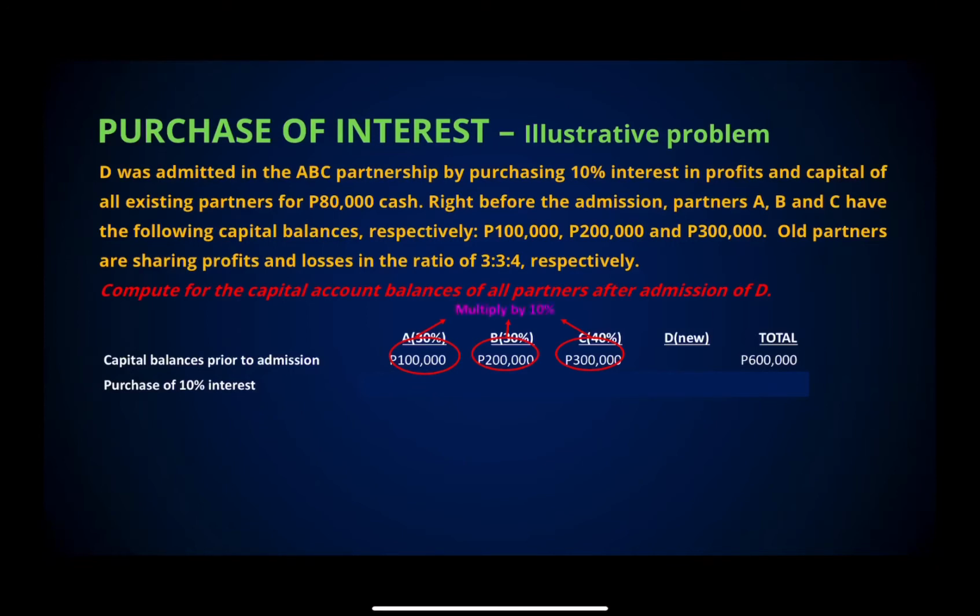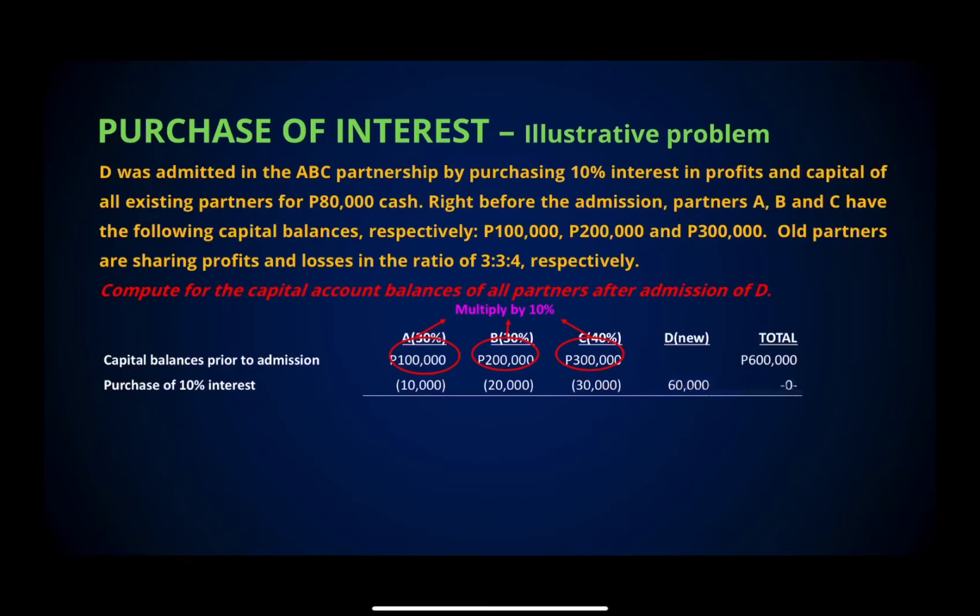So 100,000, 200,000, 300,000 times 10%, and that will give us 10,000, 20,000, and 30,000 respectively. For the new partner, however, the amount to be credited to the new partner's capital account will be the sum of all of these interest from the old partners, and that is 60,000 pesos.